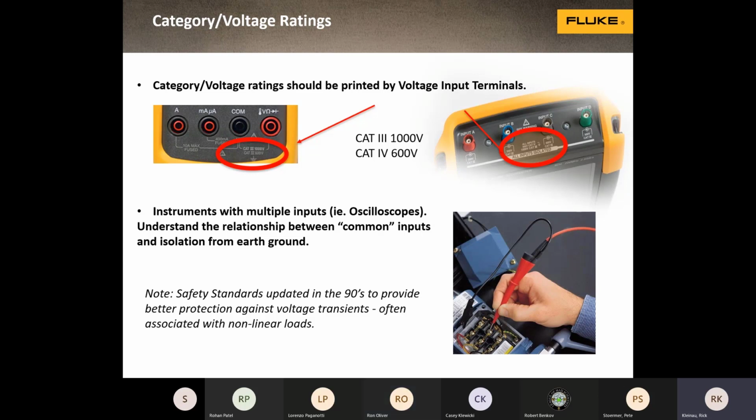I think you could say we've got isolated inputs, meaning it's not connected to the ground on the plug. By code, if these connectors are metal, typical BNC, then anything metal has to be connected to ground.